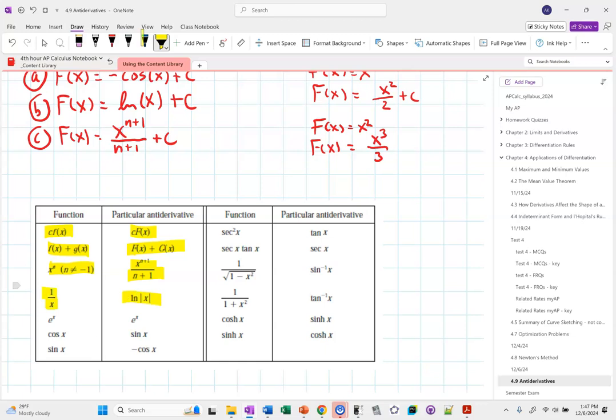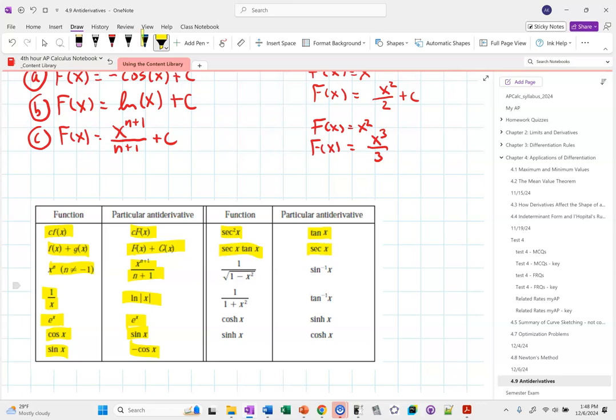There's that one. What's the antiderivative of e to the x? e to the x, because the derivative of e to the x is just e to the x. The antiderivative of cosine is sine. The antiderivative of sine is negative cosine, as we observed. The antiderivative of secant squared is tangent. The antiderivative of secant times tangent is secant.